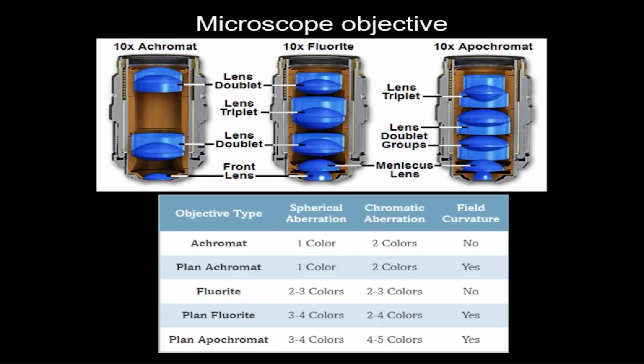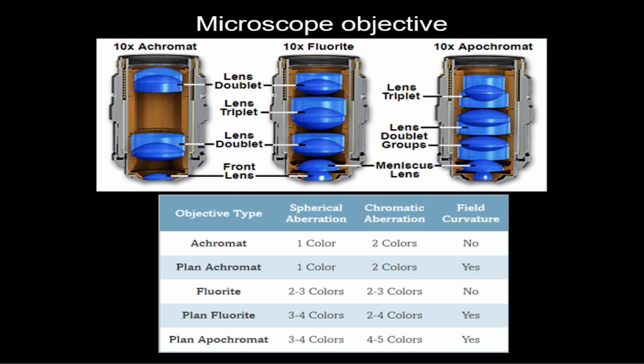Okay. So here I am talking a little bit about the correction. Two types of correction are needed. One is the color correction, and one is the shape, the curvature correction. As the light is passing through, the colors get split up. So let's say I am seeing the blue nucleus and the green mitochondria.